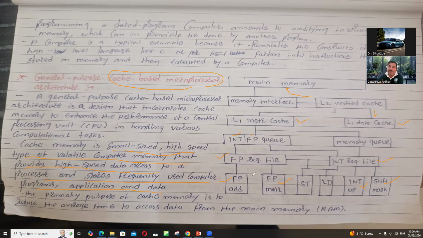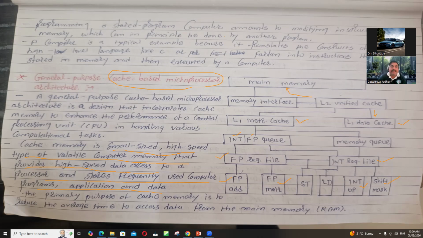But before that, with a serial approach, first we access the memory, then we collect the data, then we go to the instruction. If it is integer, first we go with integer, then with floating, and then we combine the integer and floating operations and produce the output. But with the help of cache-based memory, we can do all the operations simultaneously, which helps to work much faster.